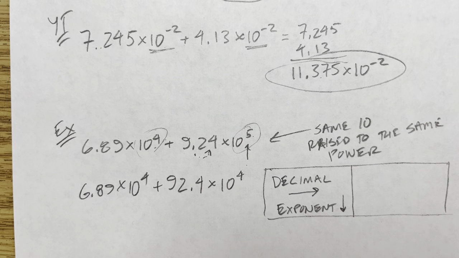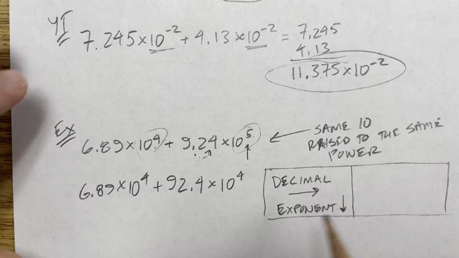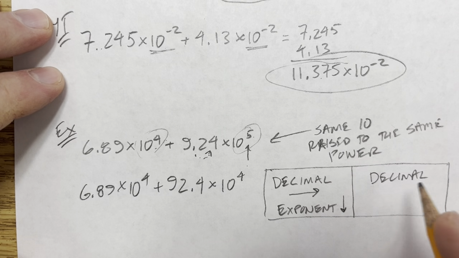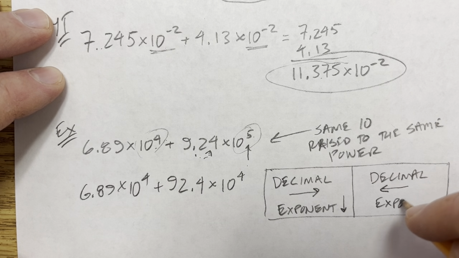So when I move the decimal to the right, my exponent is going to go down however far I move the decimal. If I move the decimal to the left, then my exponent goes up.